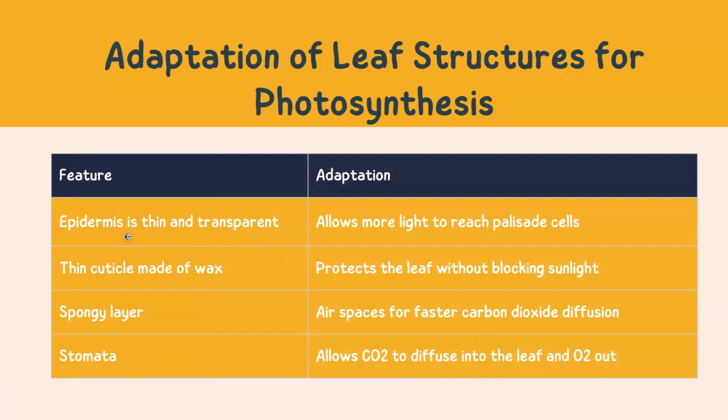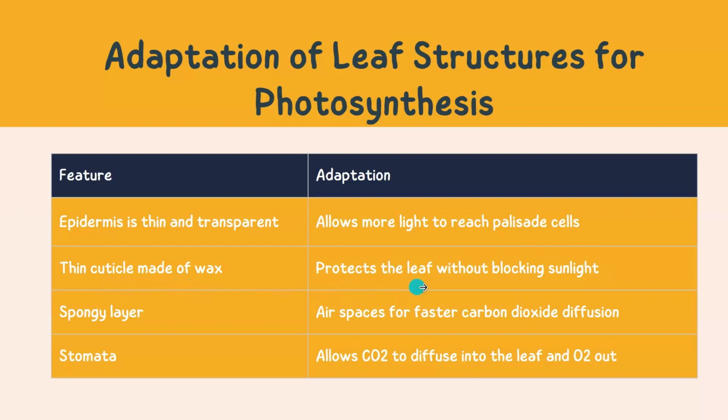The epidermis layers are quite thin and transparent, especially the upper epidermis. This is to allow more light to reach palisade cells for faster photosynthesis. The uppermost cuticle layer is thin and made of wax.